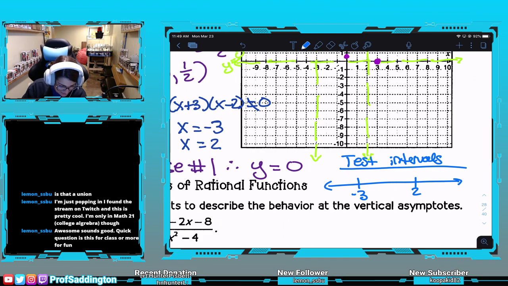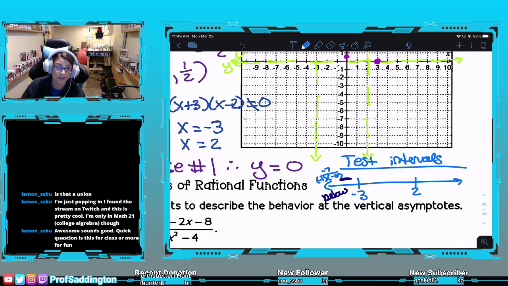So if I tested negative 4, that means I would get like negative 7 over negative 1 times negative 6. And I'm just plugging that back into the one that I factored out because it's a little bit easier. So therefore, all of that, I don't care what the answer is. I just care about its sign. So that's going to be negative, which means it's going to be below the x-axis, okay?